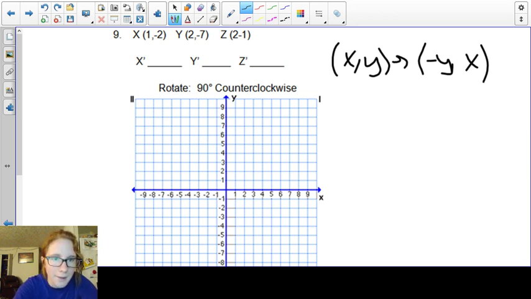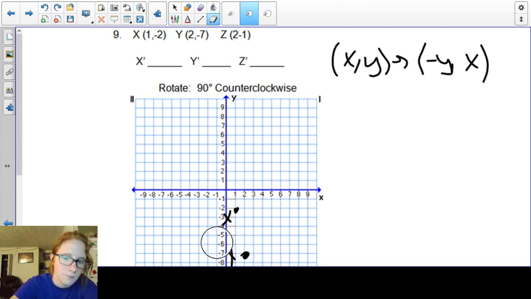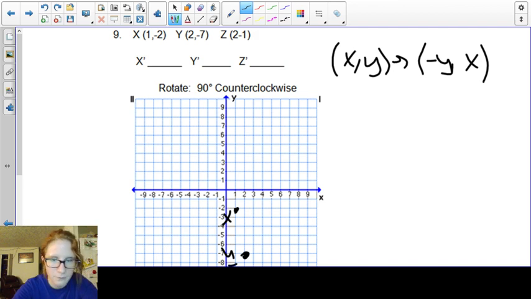So we have X at 1, -2, Y at 2, -7, and 2, -1 for that Z. So he's a funny looking triangle. He's very close together.